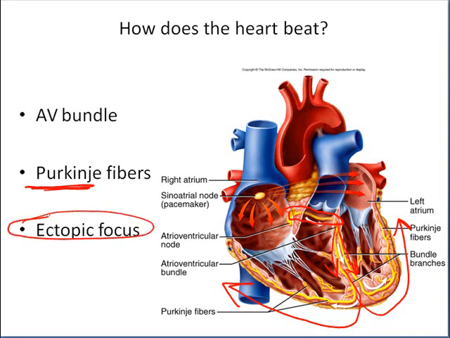So this can happen sometimes in patients as they get older, and obviously if you've got a rogue collection of cells generating their own pacemaker potential, that's going to interfere with the coordination of contraction in other parts of the heart. And so we're going to have combating signals for heart contraction, and the overall outcome is that the heart does not beat in a coordinated fashion as it should.